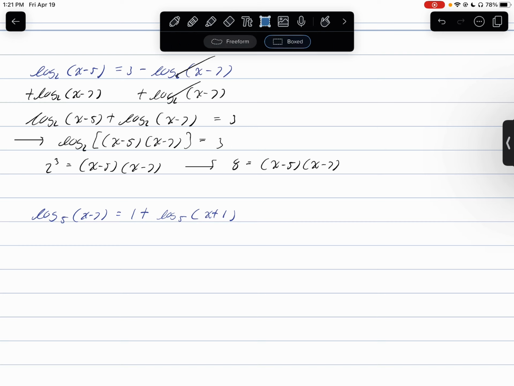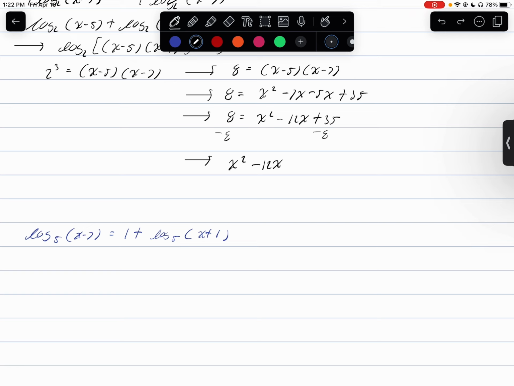And then from here, we can go ahead and subtract 8 from both sides, because remember we need to set this equal to 0. So after we do that, we'll have x squared minus 12x plus 27 is equal to 0. We can either use the quadratic formula or we can try to factor this. I think factoring it would make sense here.